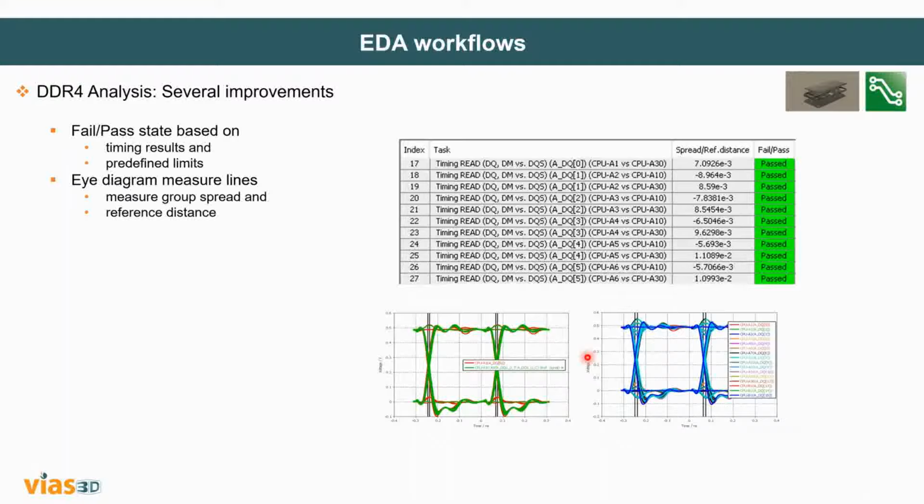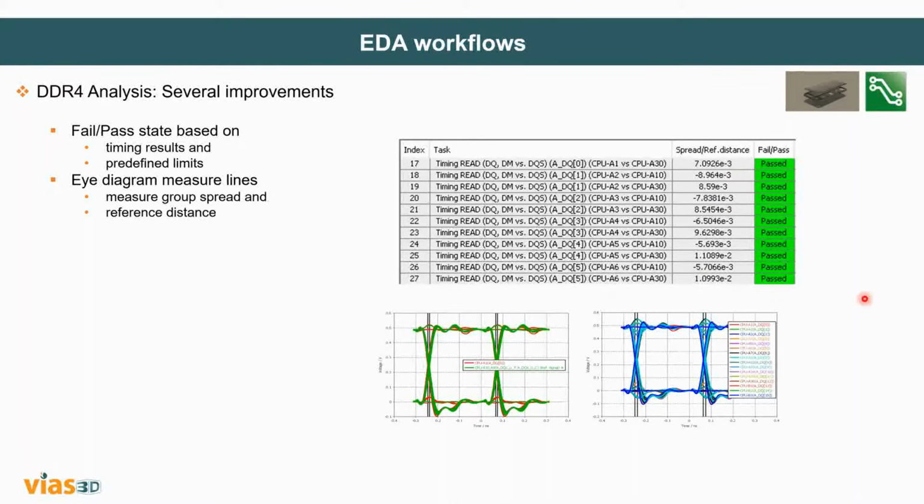So more on DDR4 analysis, the workflows, there are several improvements in 2022. Two of them are shown in the slide. We can now indicate whether a task failed or passed over here. And this is properly summarized in a table of timing results with predefined limits.